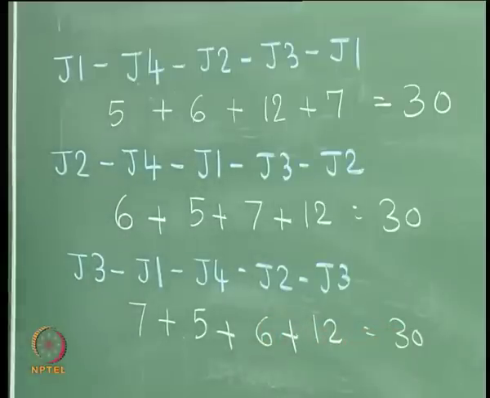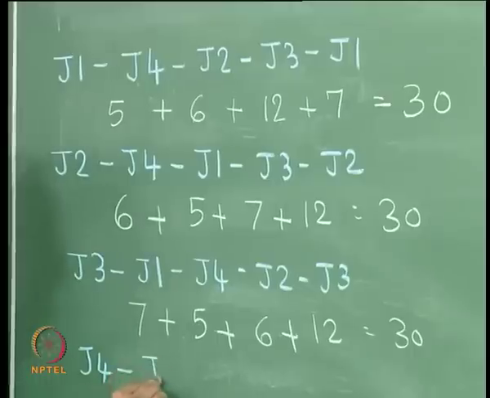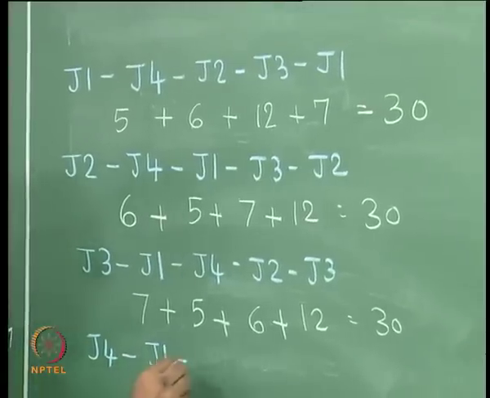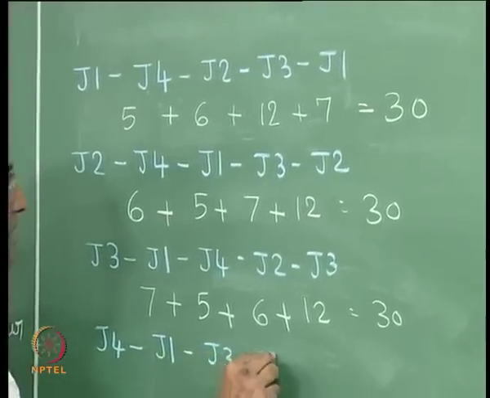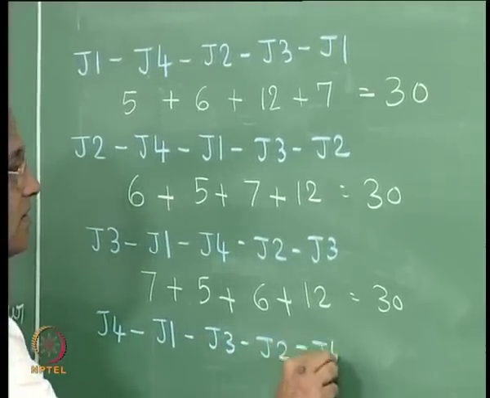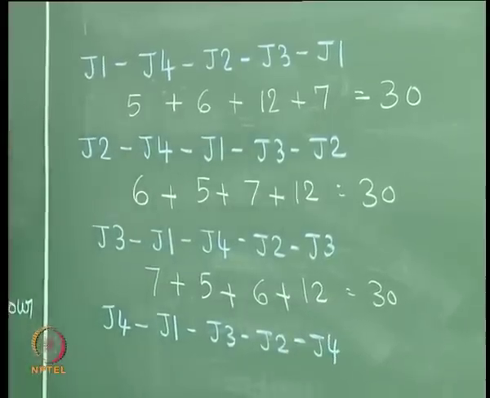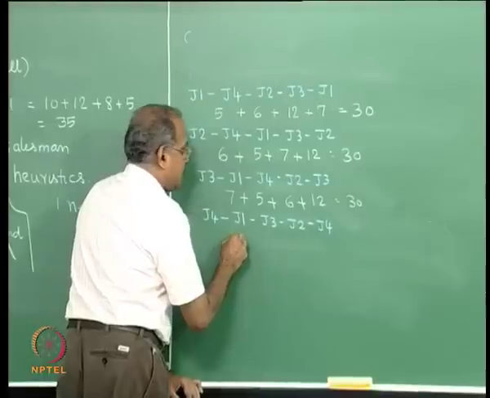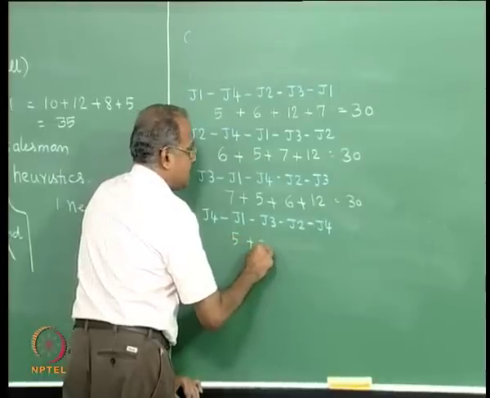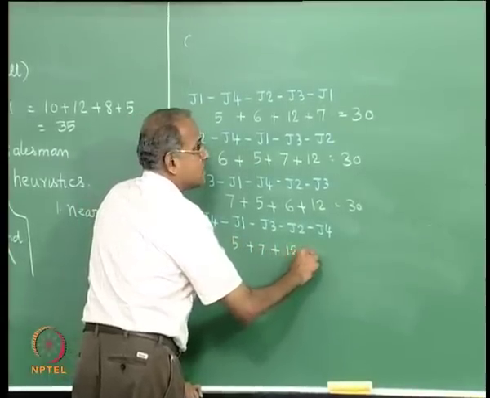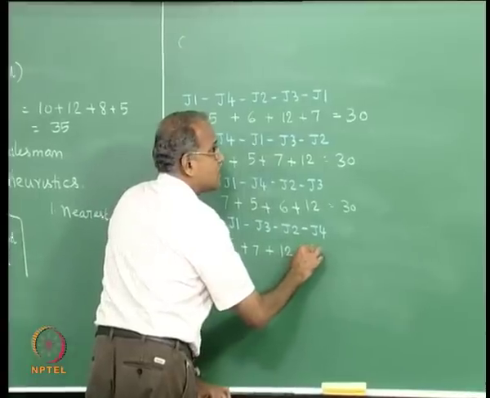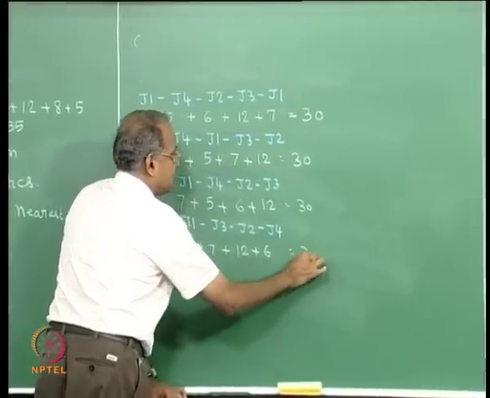So, we will again get 30. The last one is we could start with J4. From J4 we move to J1, from J1 we move to J3, then to J2, and then to J4. Once again, J4 to J1 is 5, J1 to J3 is 7, J3 to J2 is 12, J2 to J4 is 6, and we get 30.